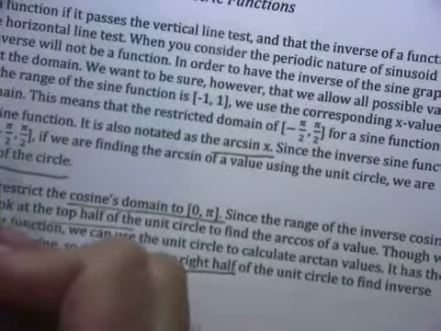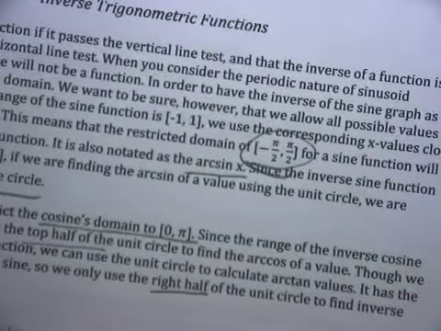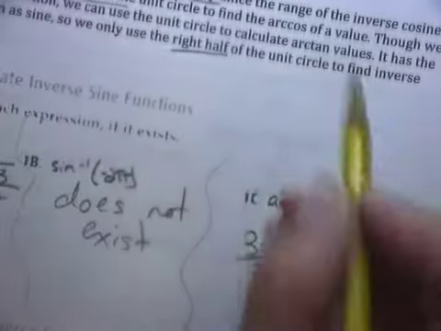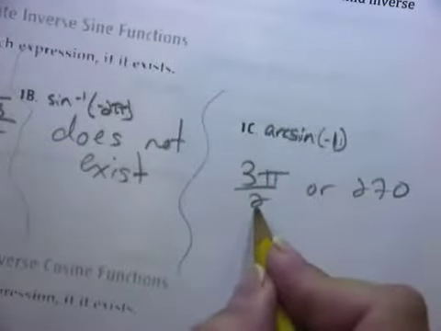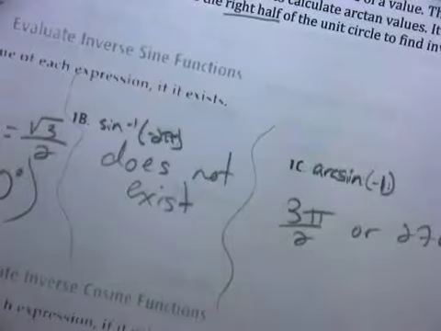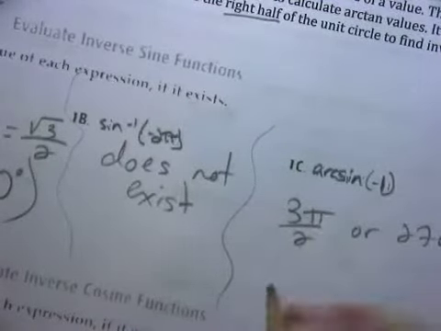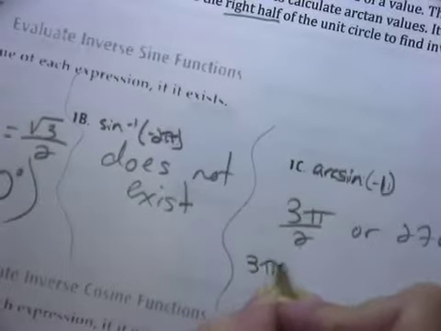But remember that I'm only interested in negative pi over 2 to positive pi over 2. So I have to think in terms of what is 3 pi over 2 equivalent to that falls within these values. So think in terms of coterminal. I'm going to subtract away 2 pi from this.